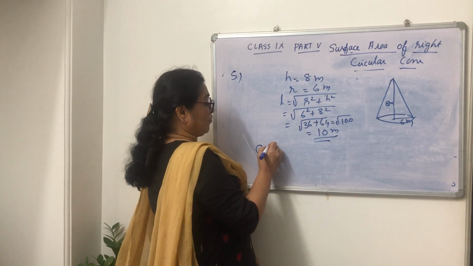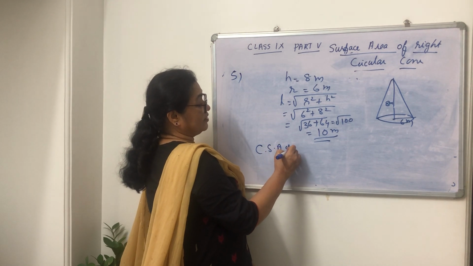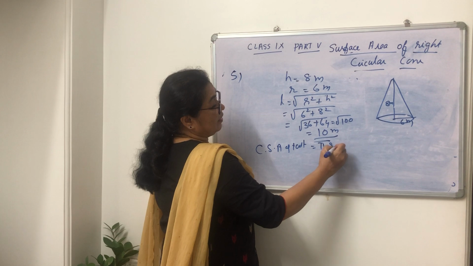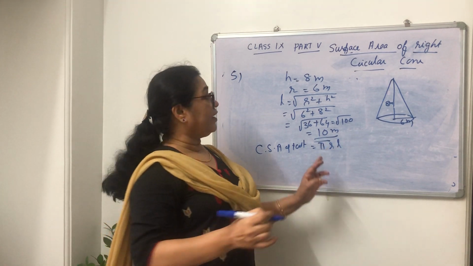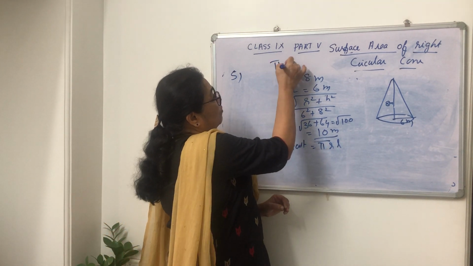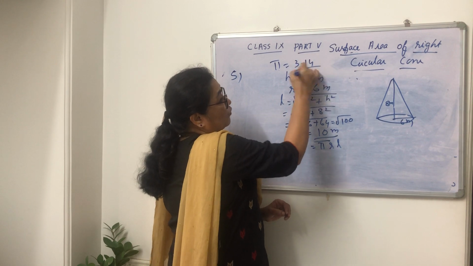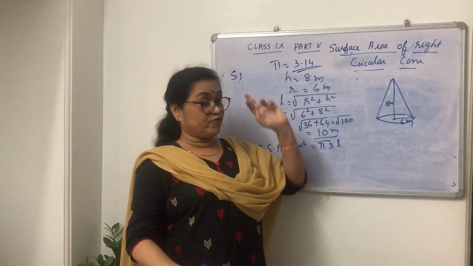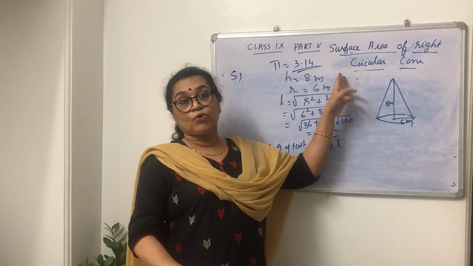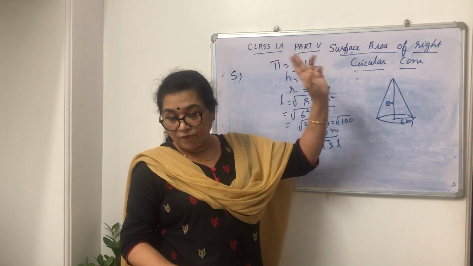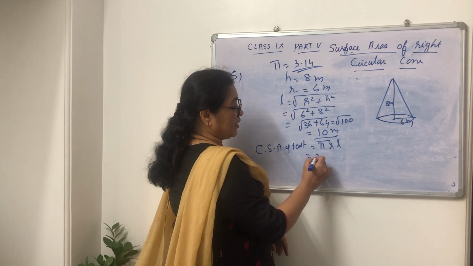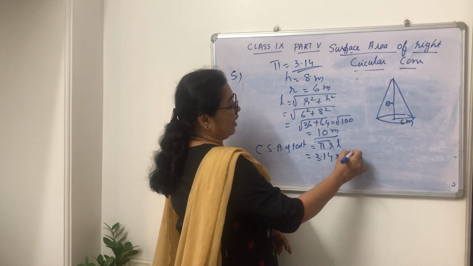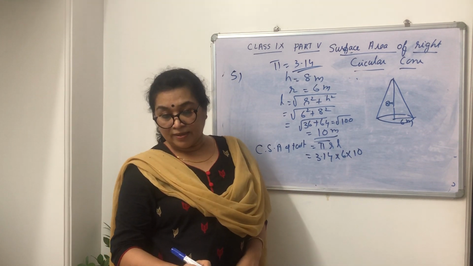Then the curved surface area of this tent is pi RL. Here in this question it is given, you take the value of pi as 3.14. So you take this pi as 3.14. The radius is 6 and L is 10.